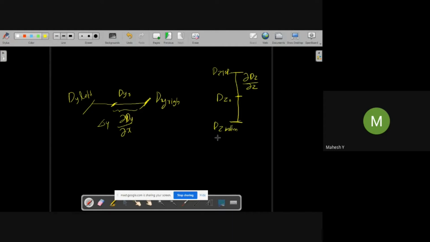Can you try writing the expression for all of them? For y, towards right it is positive, towards left it is negative. Z top is positive, bottom is negative. You know these conventions, right?